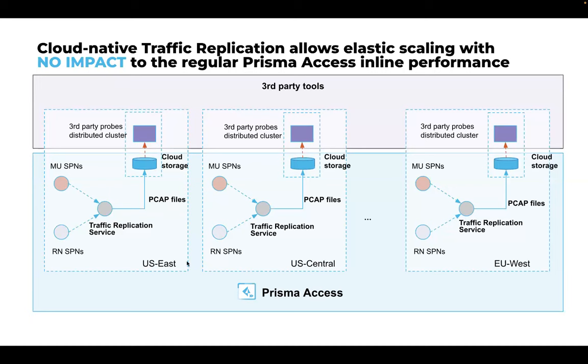Again, as seen in this picture, this is what I want to call out: in each region where Prisma Access is present, we'll also have these buckets available. That's important to save cost for moving traffic around, which implicitly translates into a more efficient cost for our customers.